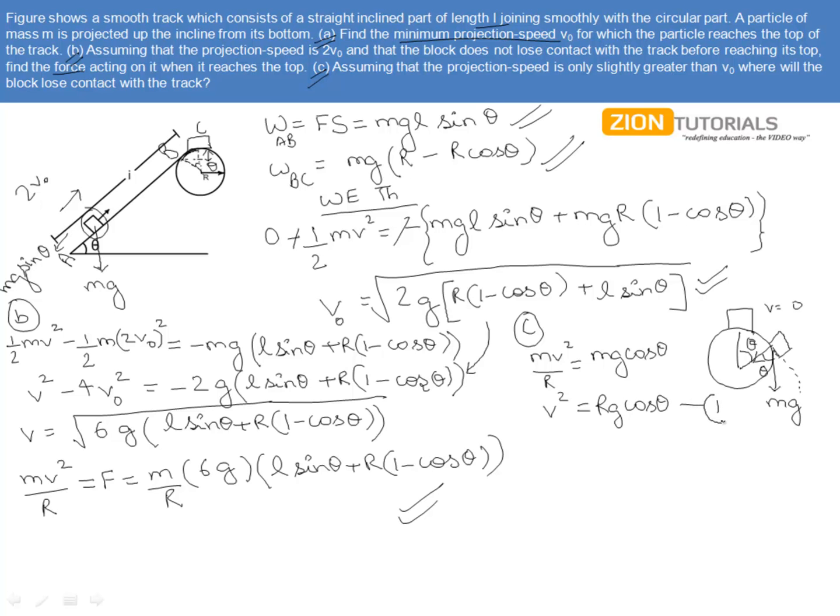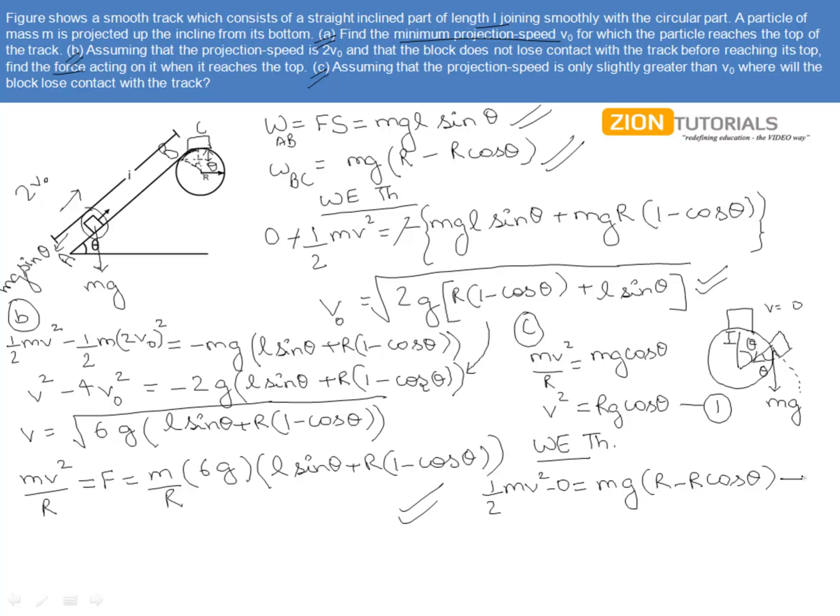Marking it as equation number 1, let us frame another equation by the work energy theorem, in which we apply the change in the kinetic energy, which will be half m v squared minus 0 equal to the total work done. Now the work done by the gravitational pull will be positive because it is in the direction of the force, which will be mg into r minus r cos theta, which is the change in the height, that is this one.